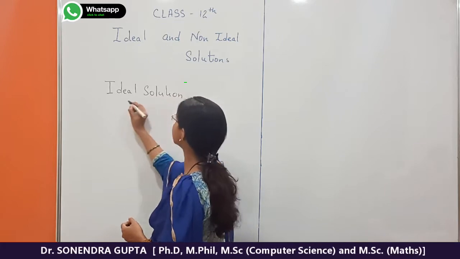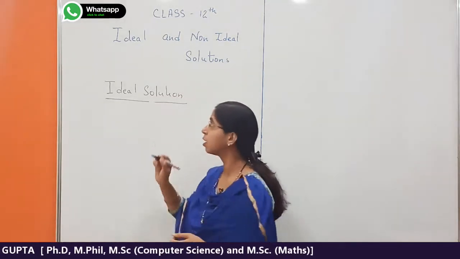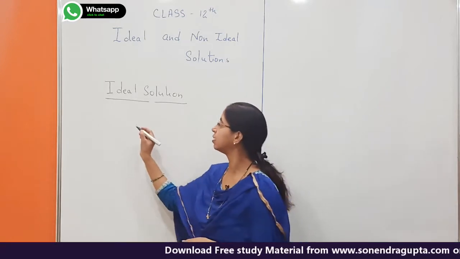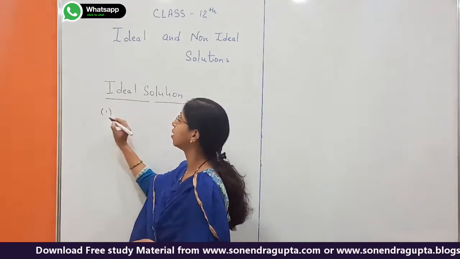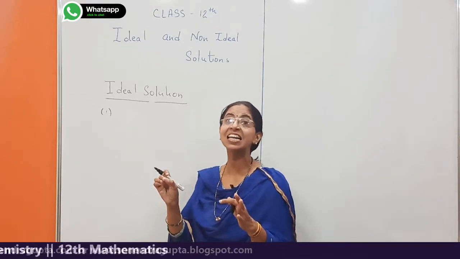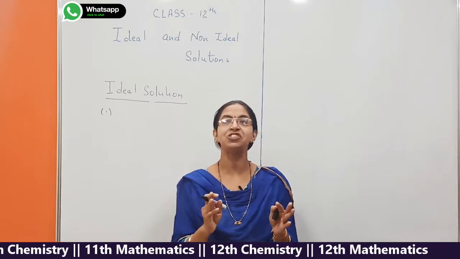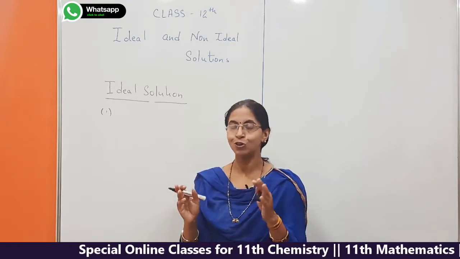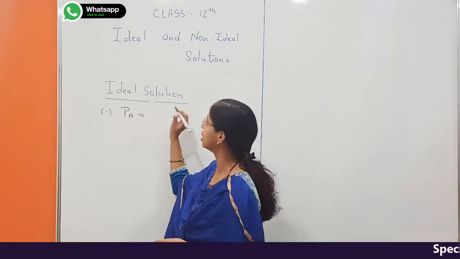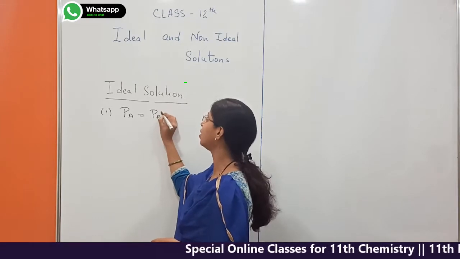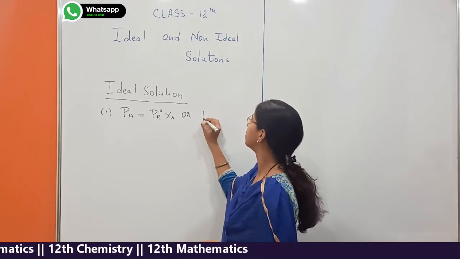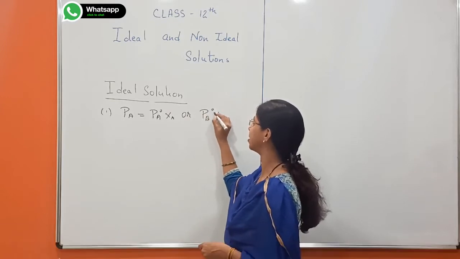in the case of this ideal solution, we have three conditions. First, the pressure of the solution is exactly equal to the pressure given by Raoult's law. So we can say that PA is always equal to PA naught XA, or PB naught XB.